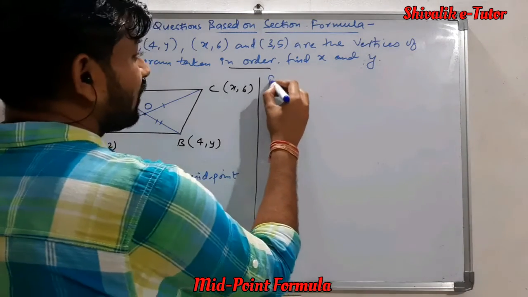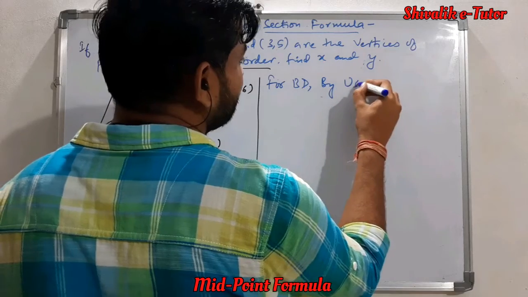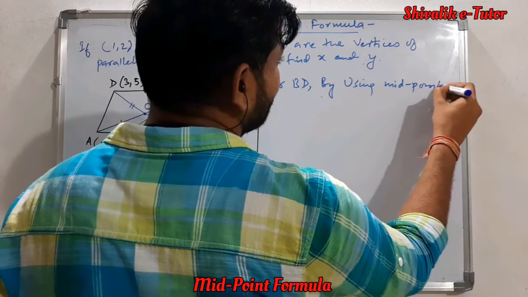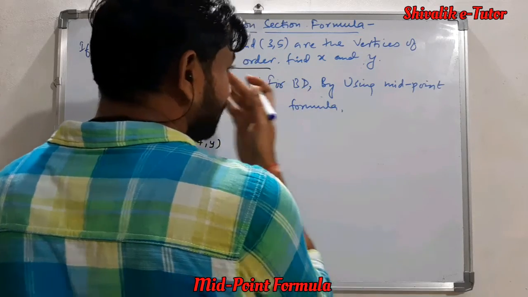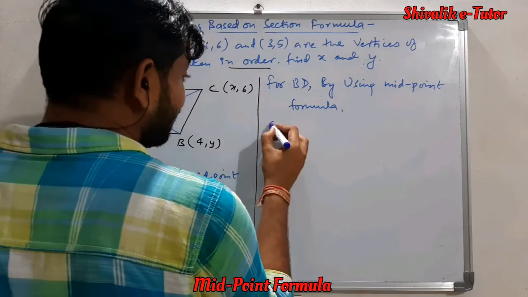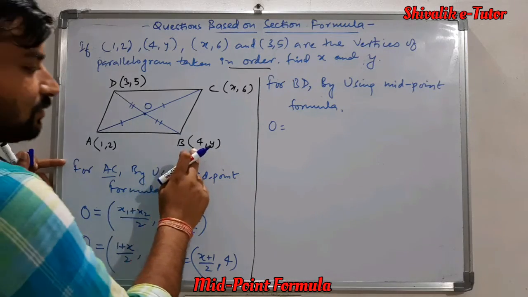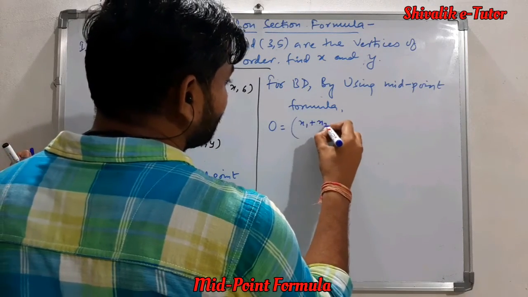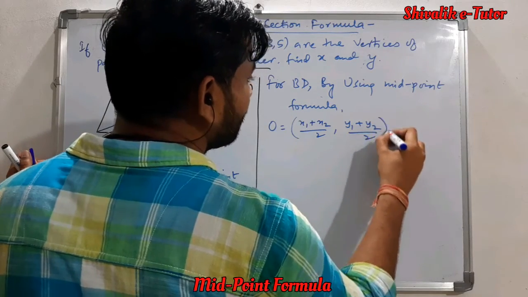Similarly, for line segment BD, by using the midpoint formula, similar work can be done. For BD, we can again write the coordinates of O. We take this one as x1, y1 and this one as x2, y2. So the coordinates will be (x1 plus x2) by 2 and (y1 plus y2) by 2.